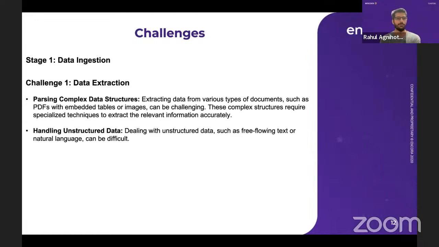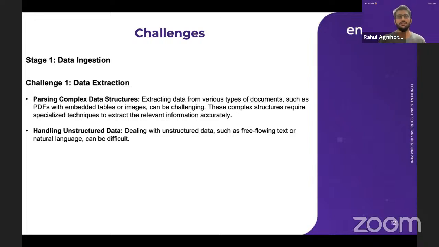So let's come up with the first challenge, which is data extraction. Data extraction is basically parsing your data from your raw data structures. Let's say you have text, images, PDFs or tables, any sort of data structure, you need to parse it or transform it into a more usable form.